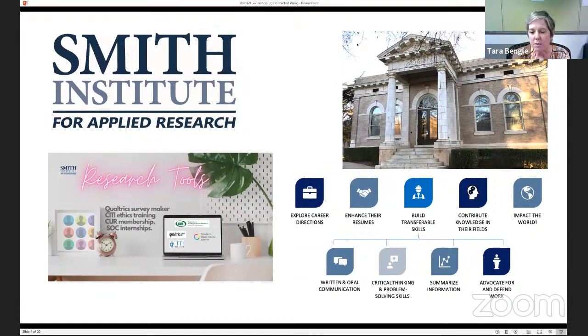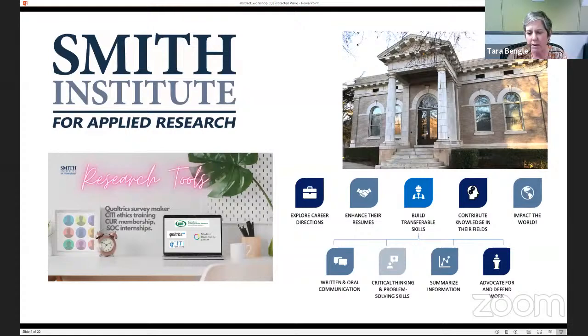As you're doing research or producing new creative works, like a play, for example, you're contributing knowledge in your given field. And then this is also a way to impact the world. So your research, your contribution to knowledge, it has a greater impact.